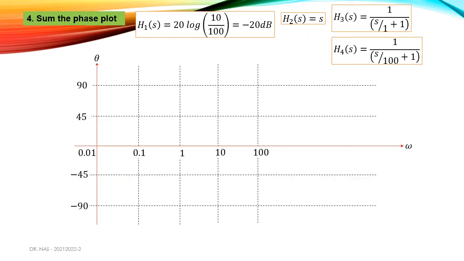Okay, now let's sketch the summation of the phase plot. So again, you need to sketch the individual phase plots on the same diagram. First one, you have the constant, so it is 0 degree. This is H1(s), and then H2(s), it is 0 at origin, so it's 90 degree constant.